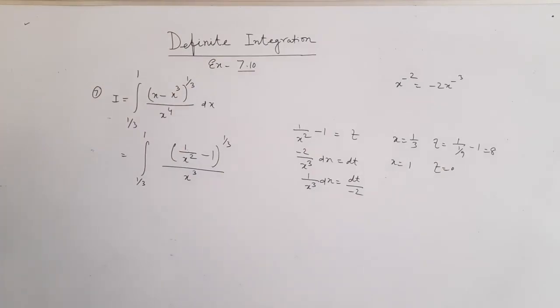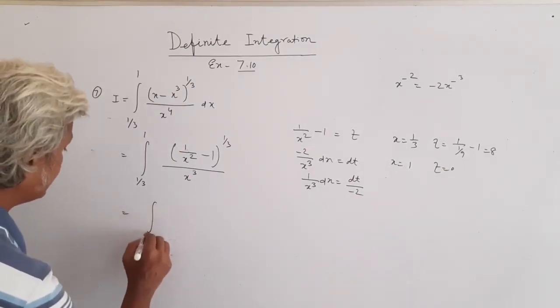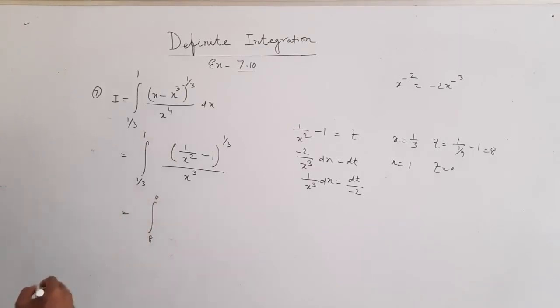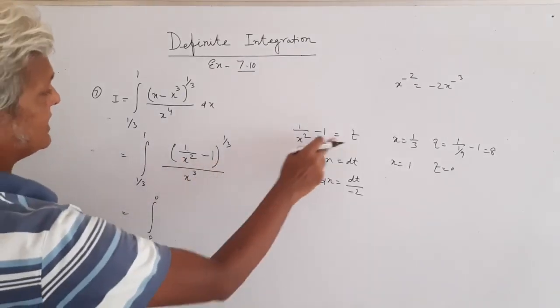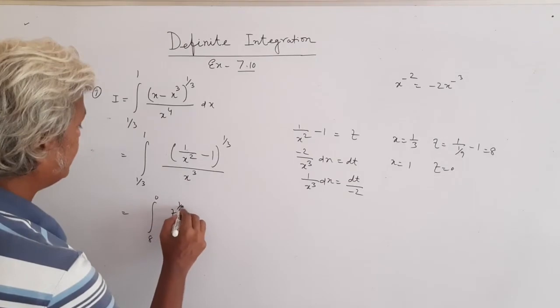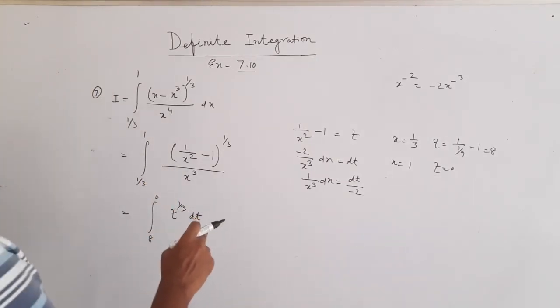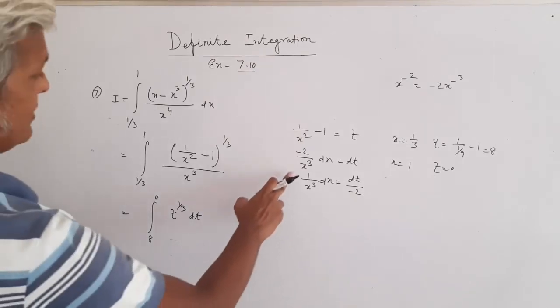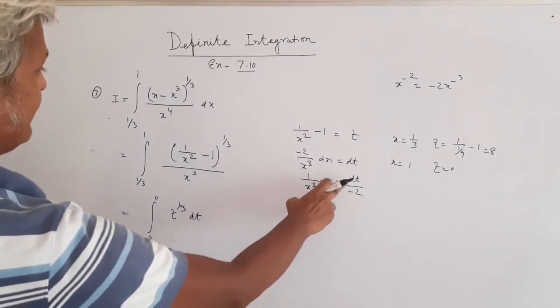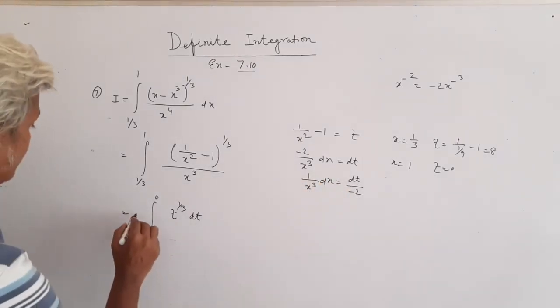So the limit goes from 8 to 0. In place of this I can write t to the power 1 by 3, and this is 1 by x cube. In place of 1 by x cube dx I write dt over minus 2, with minus half written outside.